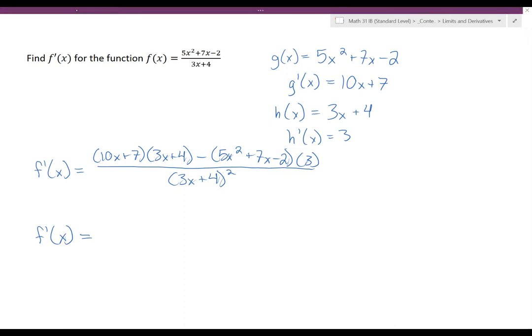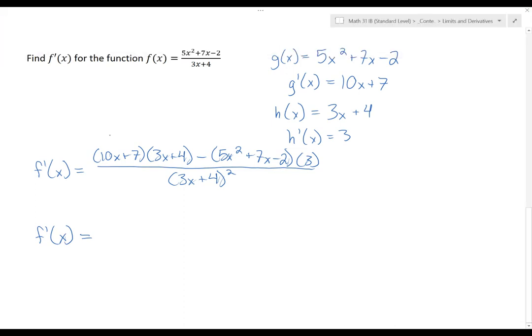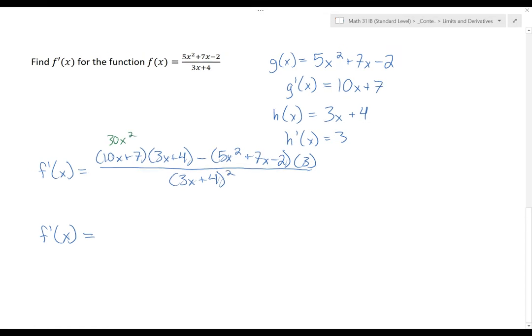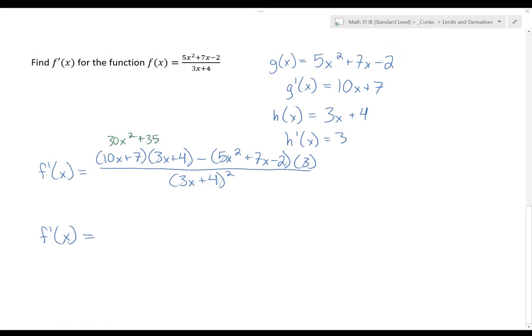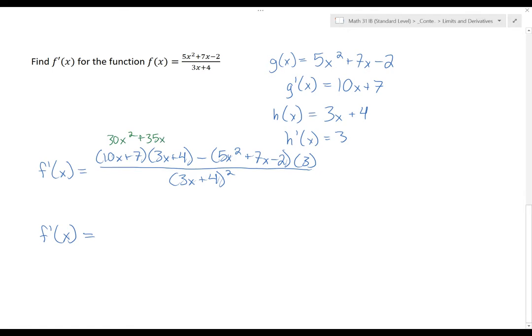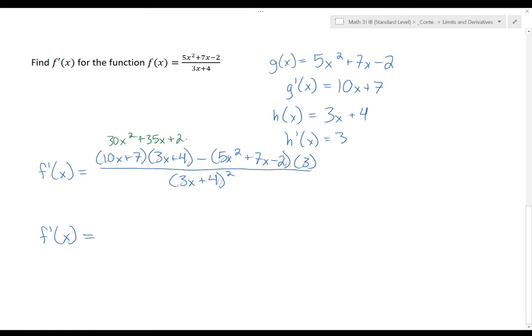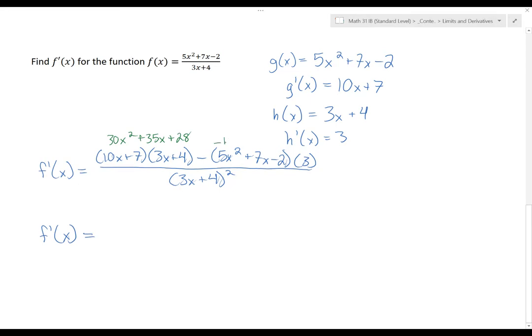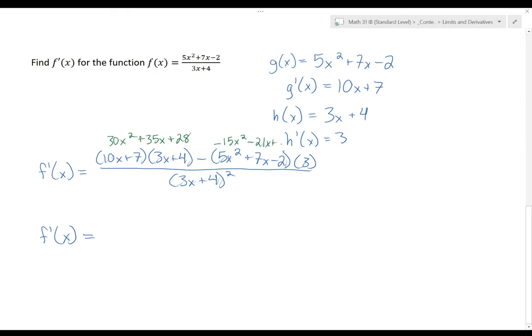So when I distribute this binomial multiplication here, I get 30x squared plus 35x, I believe, plus 40x, plus 21x plus 28. And in this other case, I have just minus 15x squared minus 21x plus 6.